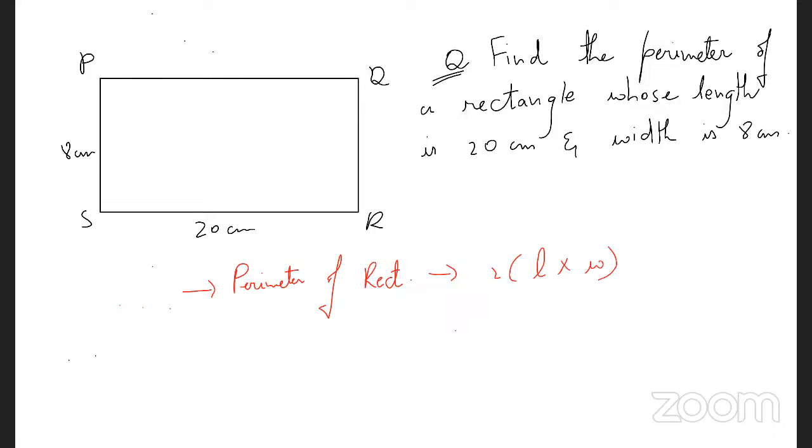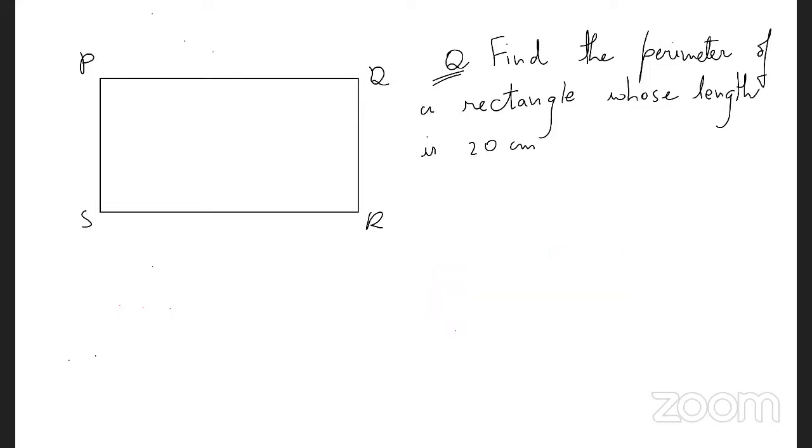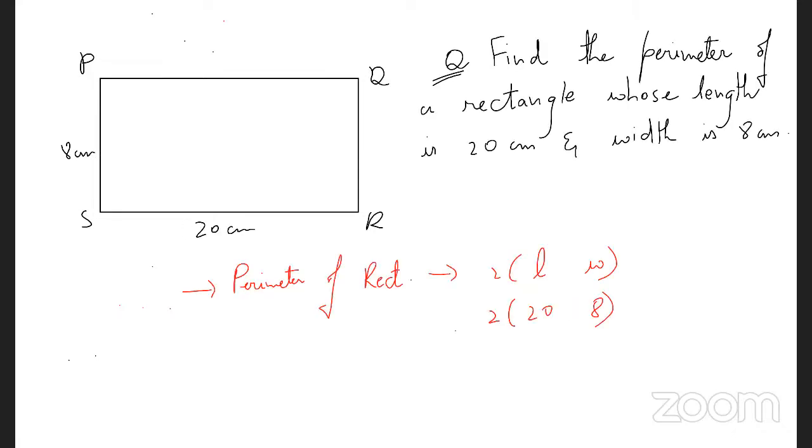So 2 into 20. Ma'am, the answer is 56 cm. Oh sorry, it's plus 8, ma'am. Yes, yes, it's plus. So I have 2 into (20 plus 8). Ma'am, the answer is 56 cm. Yes, Abraham.